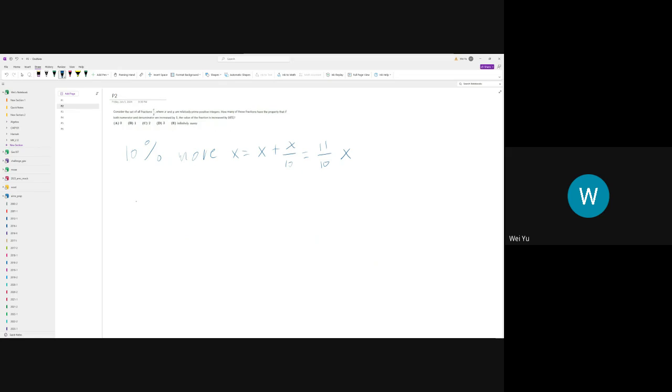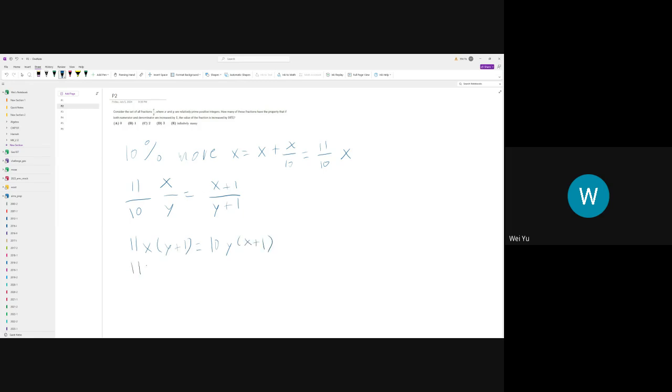So this problem means solving 11 over 10 times x over y equals (x plus 1) over (y plus 1). After cross multiplying, we get that 11x times (y plus 1) is equal to 10y times (x plus 1).